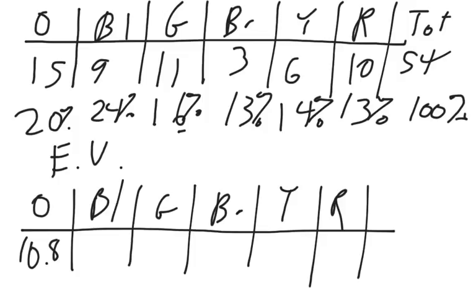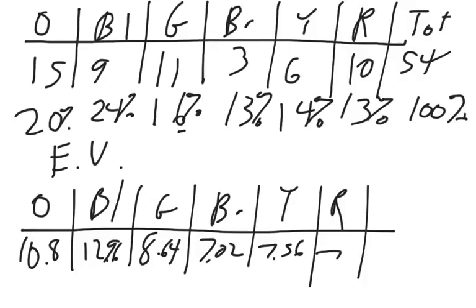This turned out to be 12.96. This turned out to be 8.64. 7.02. The yellow was 7.56 and 7.02.